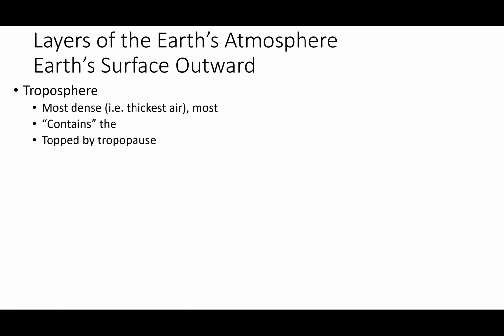Okay, so a little more nuts and bolts. I'm going to ask you in some form the layers of the Earth's atmosphere, and this is from the closest outward, so it's kind of backwards. I know this is the top, but really this is the closest. So we have the troposphere, and that's where most of our weather occurs.